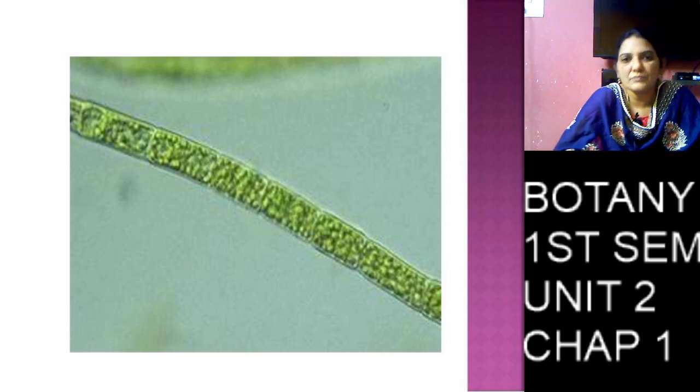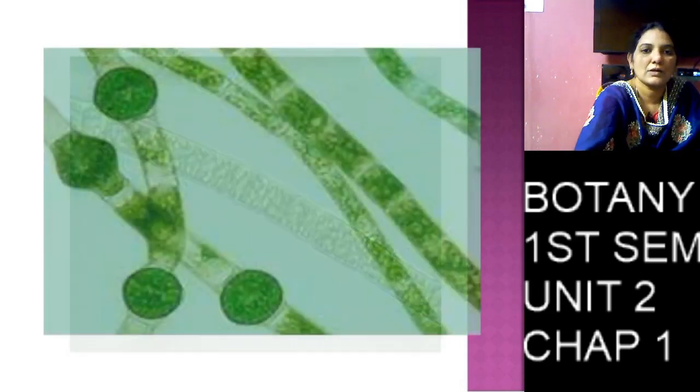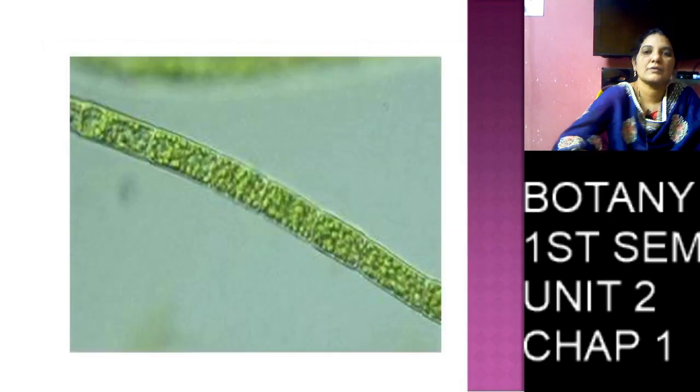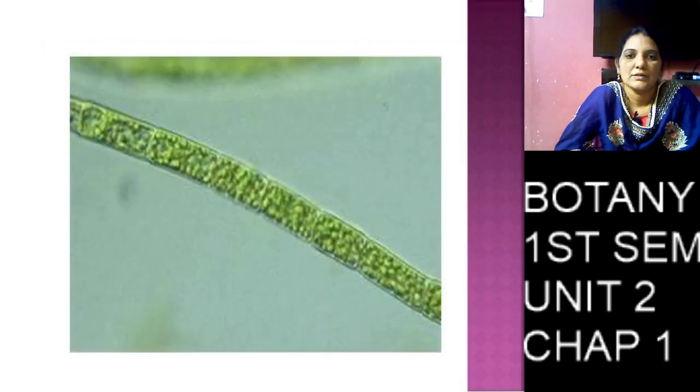Next, coming to the cell structure. We can see one single cell; its wall is made up of three layers.